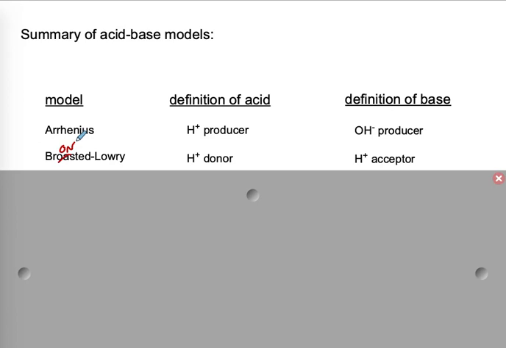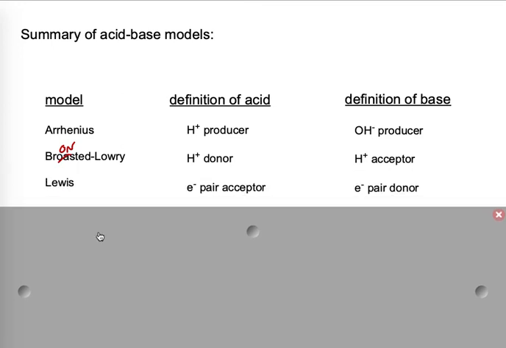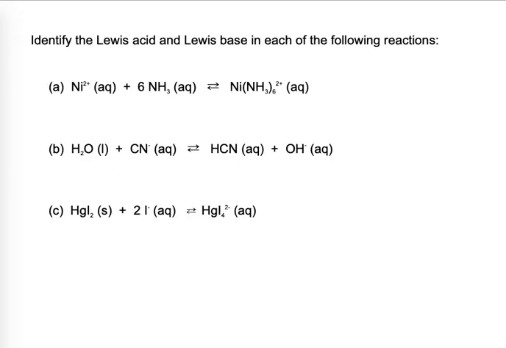The Bronsted-Lowry definition of acids and bases says that an acid is a proton donor, a base is a proton acceptor. In a Bronsted-Lowry acid-base reaction, a proton is donated. And the most general is the Lewis definition. An acid is an electron pair acceptor, a base is an electron pair donor.